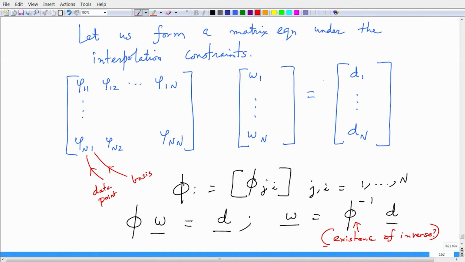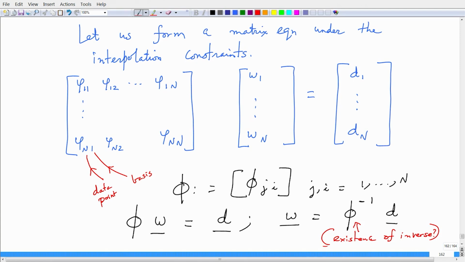If you look at this matrix, individually each row corresponds to an equation, right. d1 is phi 1 1 w1 plus phi 1 2 w2 so on plus phi 1 n wn, and so on and so forth for all the points 1 to capital N, right.